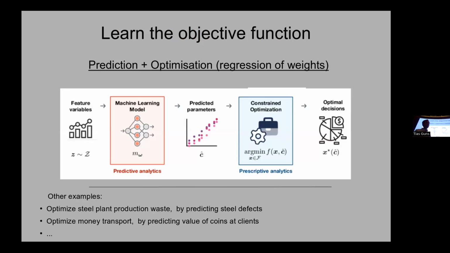So this is, again, a prediction plus optimization problem. We need to predict some of the parameters, and those will then feed into the objective function. There are many, many more examples, for example in steel production to avoid waste, predicting steel defects, money transport, waste collection, and so forth.